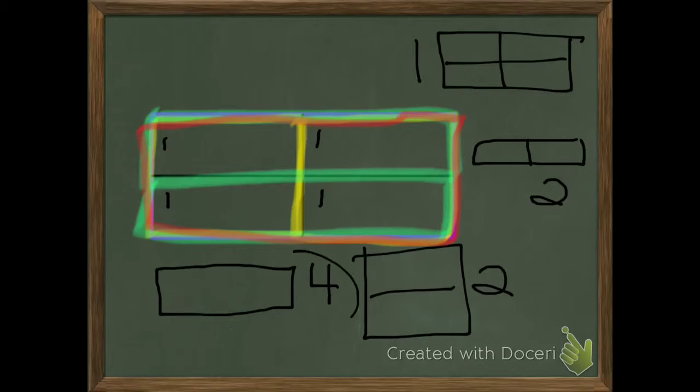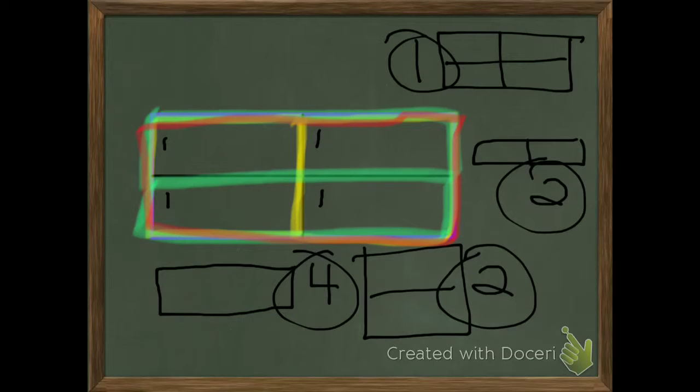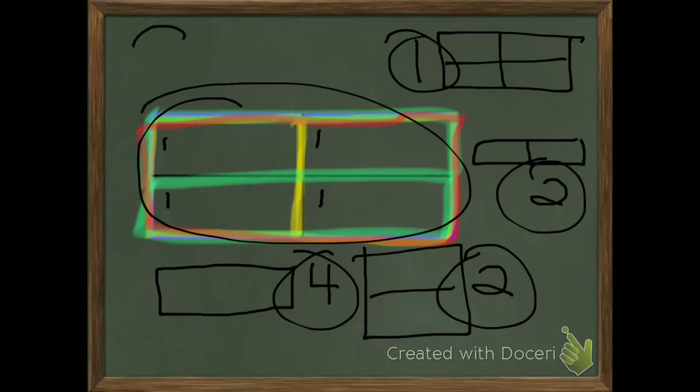So we've got 4 plus 2, which is 6, plus 2 more, which is 8, plus 1, that is 9. So that means in this problem here, there are 9 different rectangles.